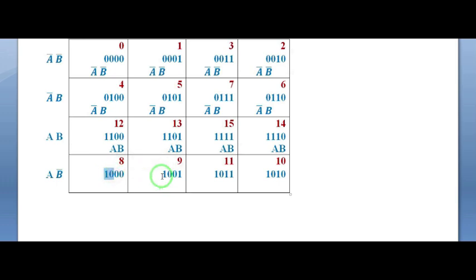Here you can see 1 0, here also 1 0, 1 0, 1 0. So 1 0 is common. 1 is used to represent A, while 0 is used to represent B bar. Therefore, write A B bar in every cell of row number 4.